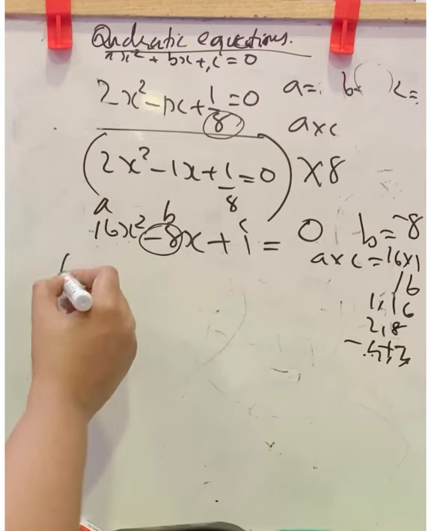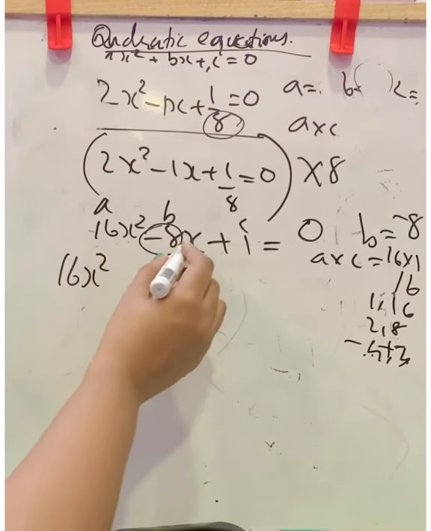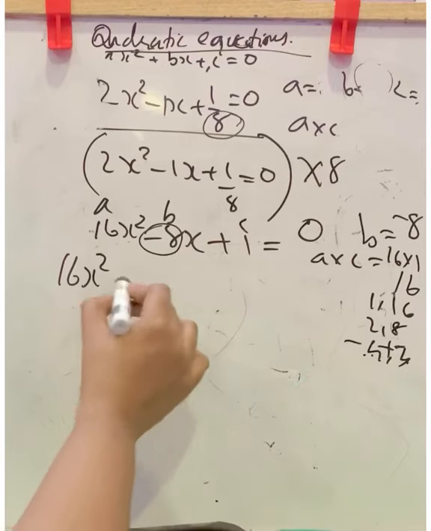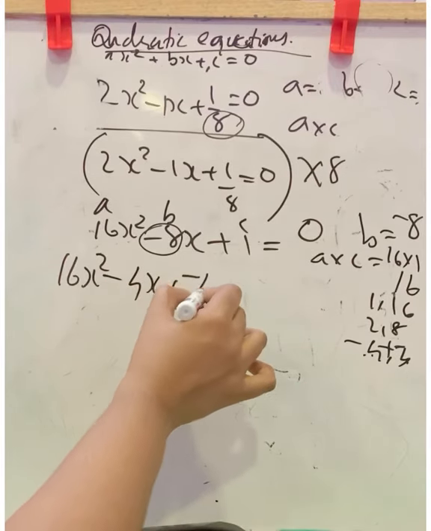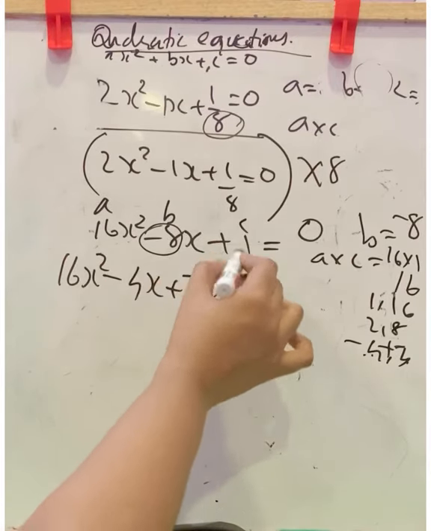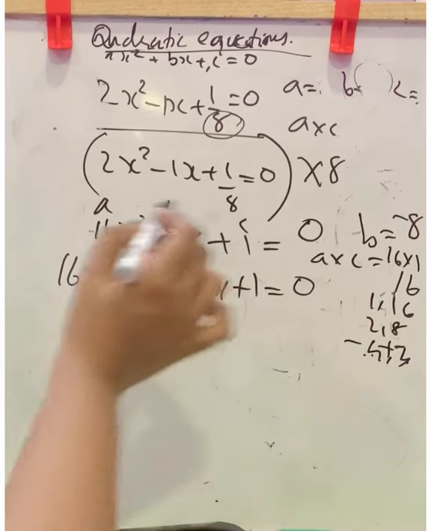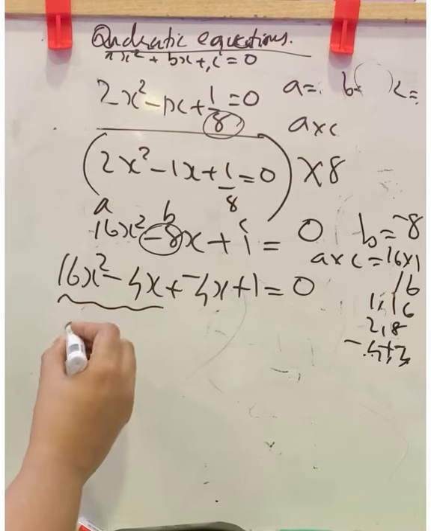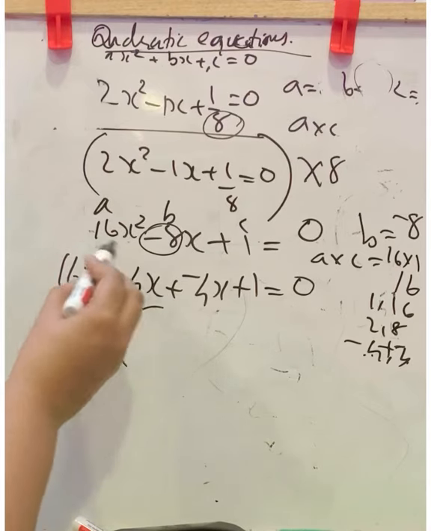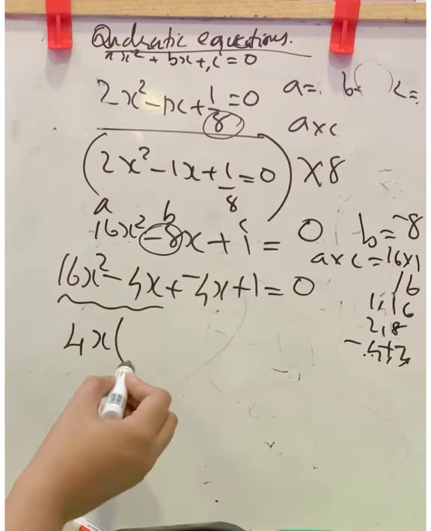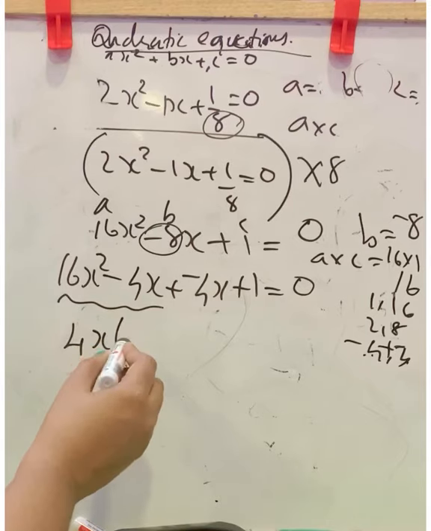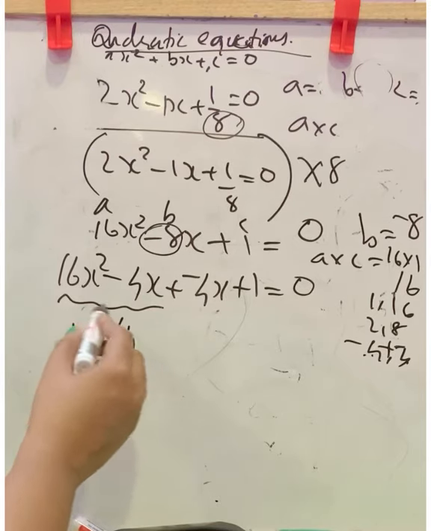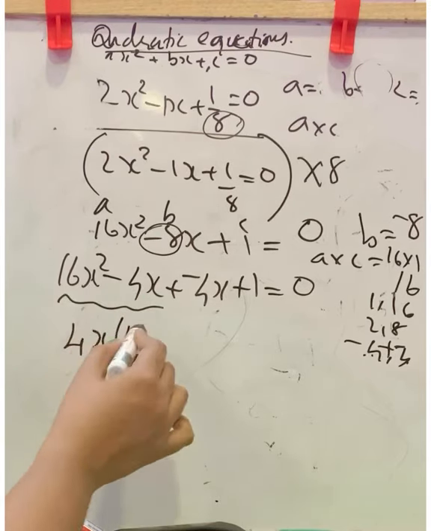So we will split this as 16x square minus 8x, we split it like minus 4x plus minus 4x, that is minus 8x. Carry plus 1 equal to 0. Now from these two terms, you will take the common factor, 4x outside. The balance is, here 16, 4 is taken outside. The balance factor is 4. From x square, x is taken, 4x.